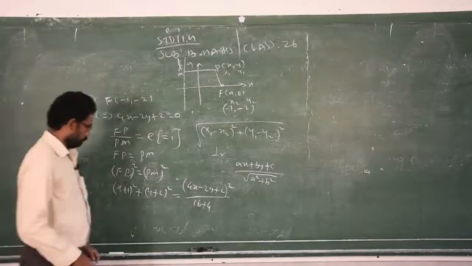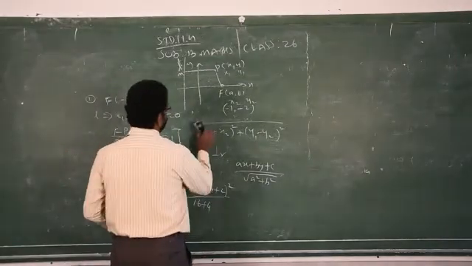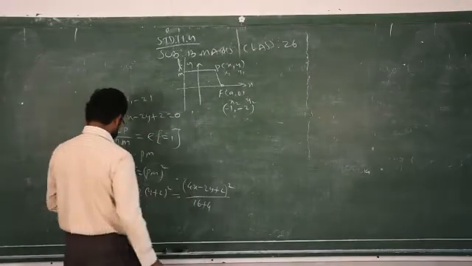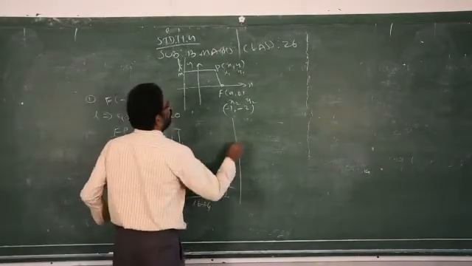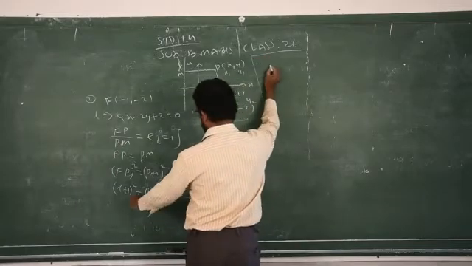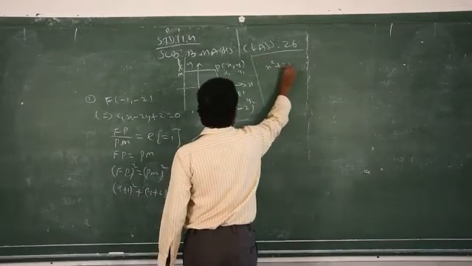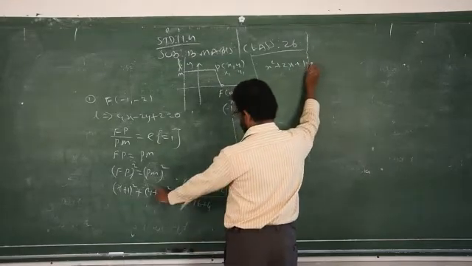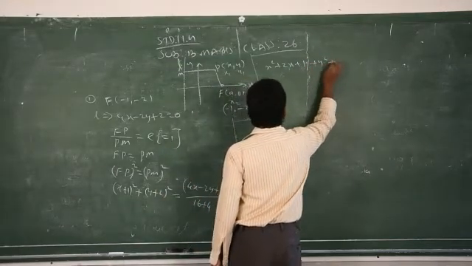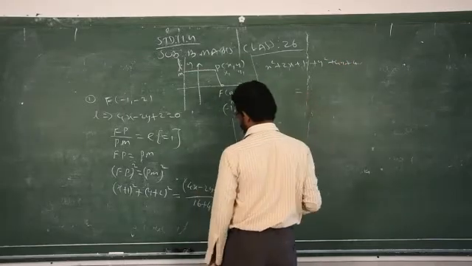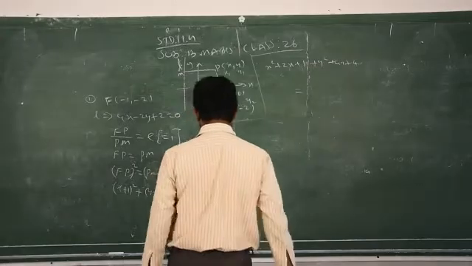Expand this one: a square plus 2ab plus b square, plus a square plus 4 is equal to, what is that?